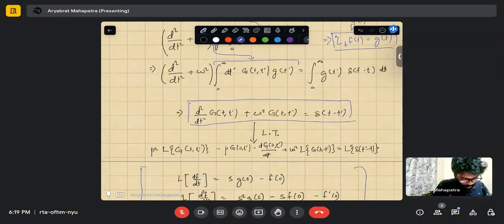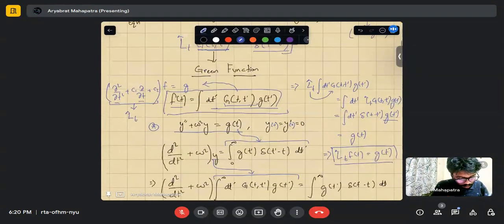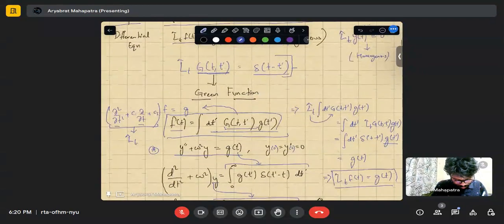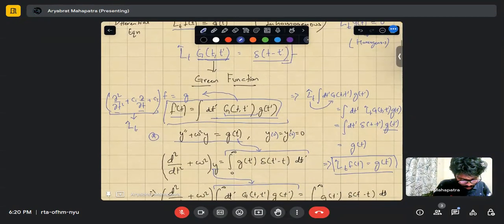Once you get the green function from solving this differential equation, the only thing to do is to put this green function, which you will obtain from here, inside your answer. Let me write it down here. So this is your answer.